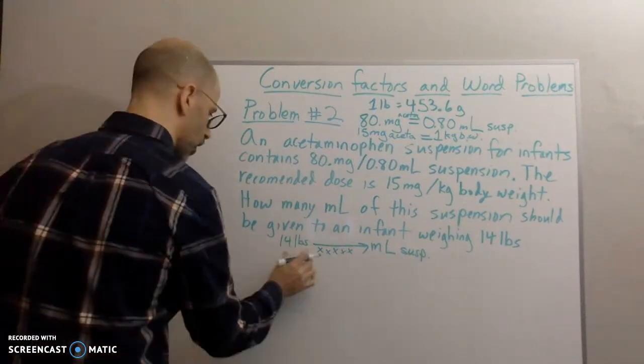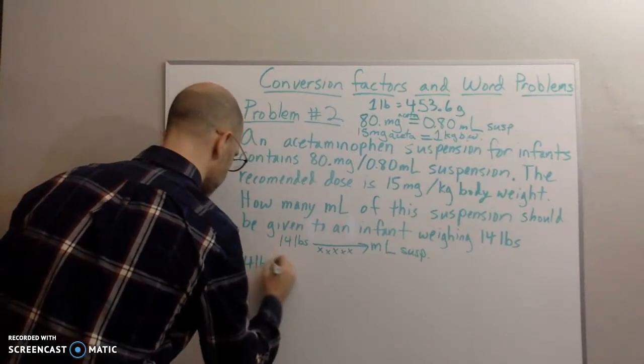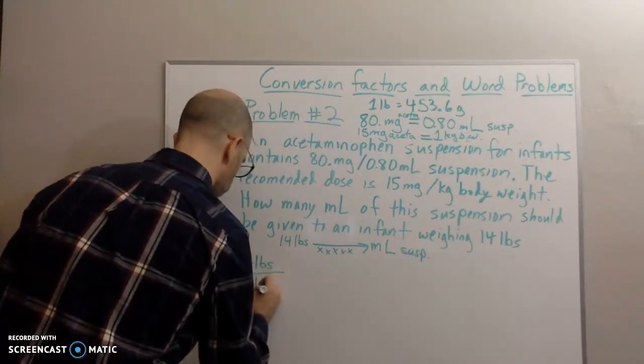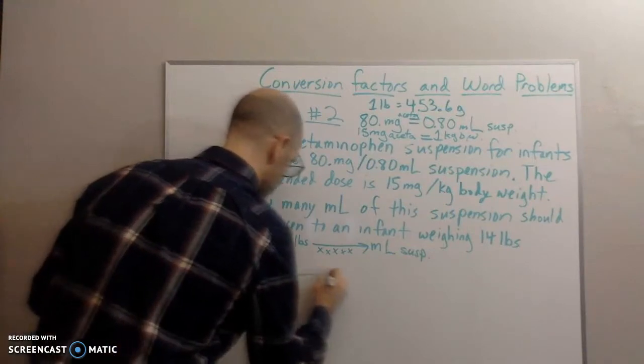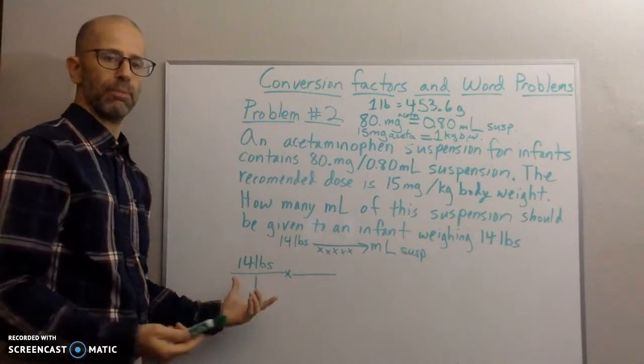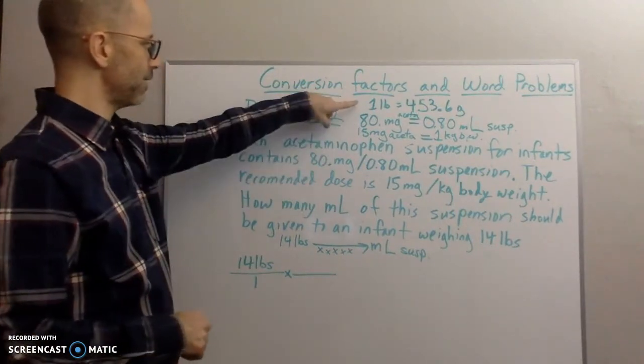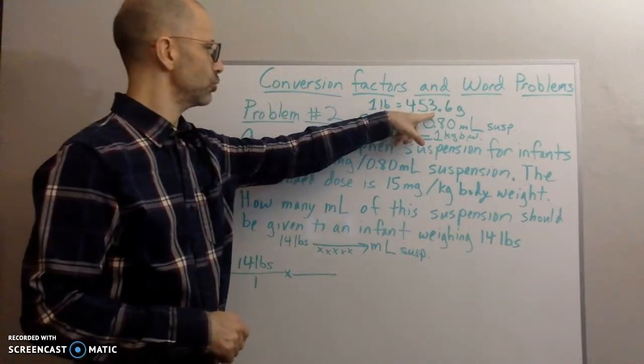I start with 14 pounds. I'm going to put 14 pounds on the top over 1, and I need my first conversion factor. I have pounds. I need to convert pounds to something, right? I can't stay here. So what do I have? I have pounds to grams.